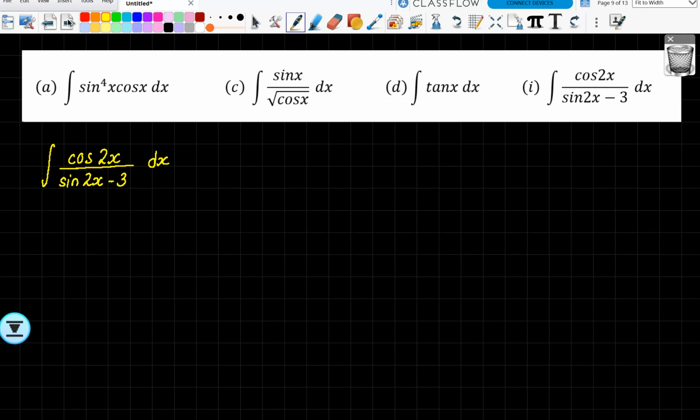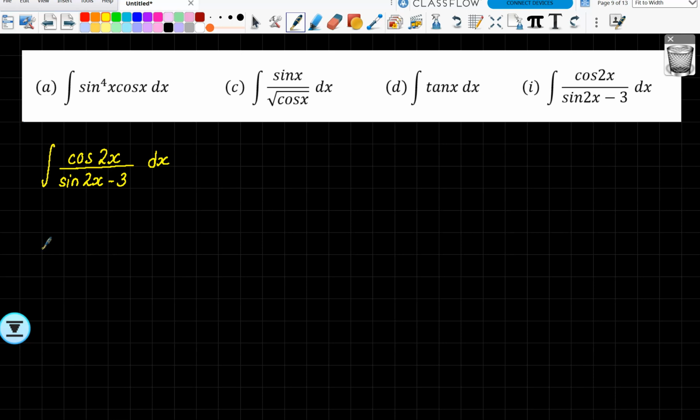Okay, so jumped a little bit to I, but if you had skipped some of the earlier ones because you got stuck, I guess this one will help, because the trick with this again is we're not going to let u just be sine x or whatever. We're going to let it be the whole denominator.